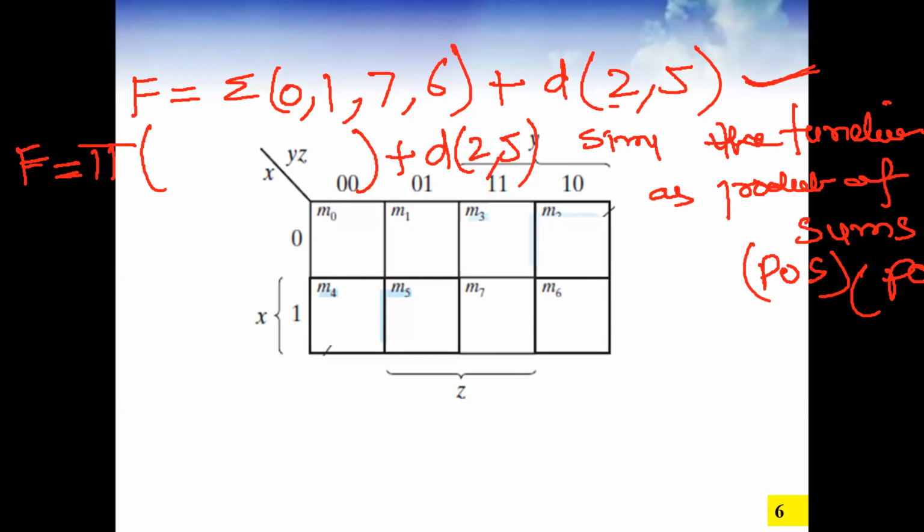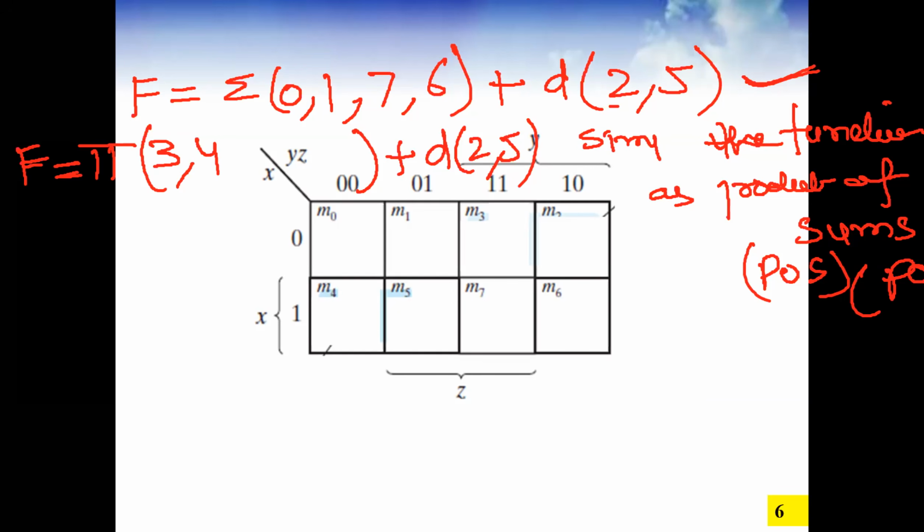Next. 4. 5 is there already as a don't care. It could not be. So 3 and 4 only. Because 5 is a don't care, 6 is a min term and 7 is a min term. So there are only 2 max terms, which are 3 and 4. And the 2 don't cares will be 2 and 5. Am I right? Is it clear to everyone?